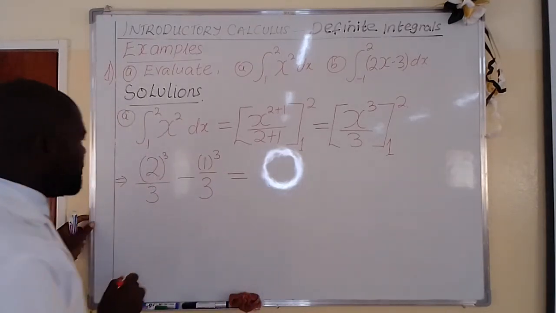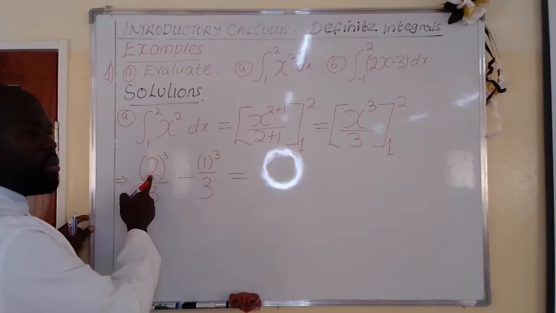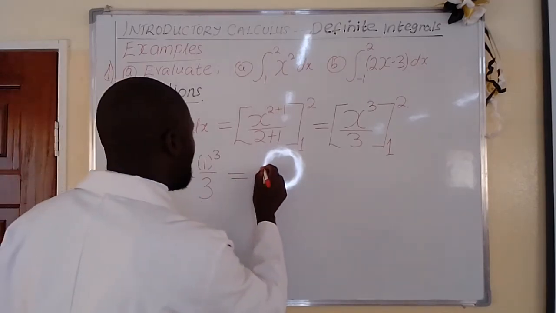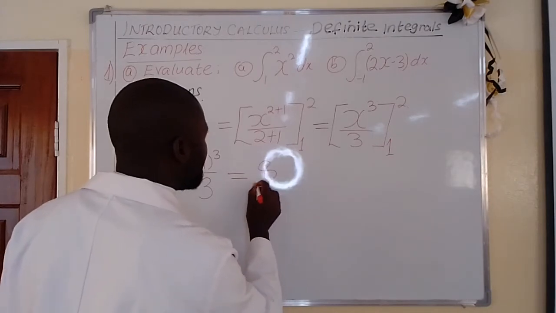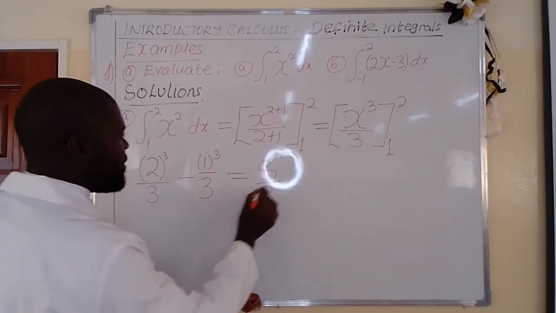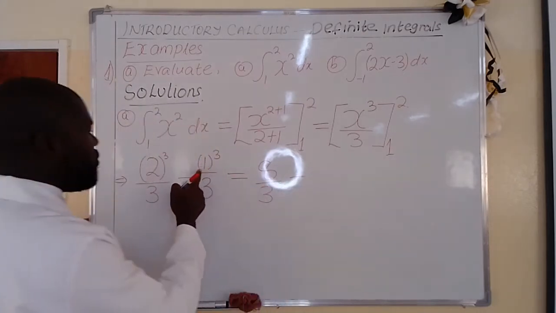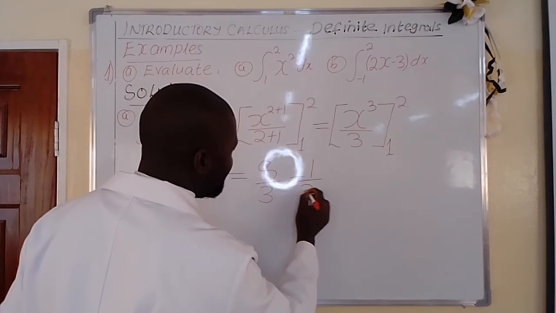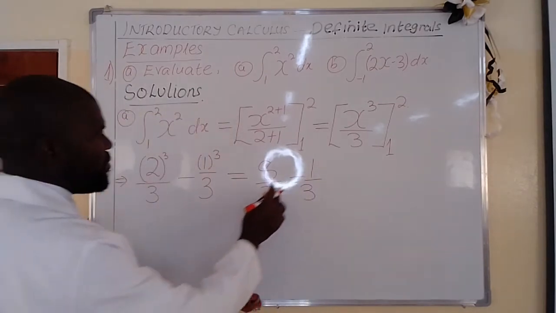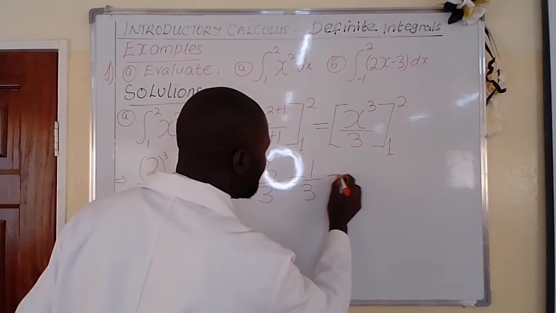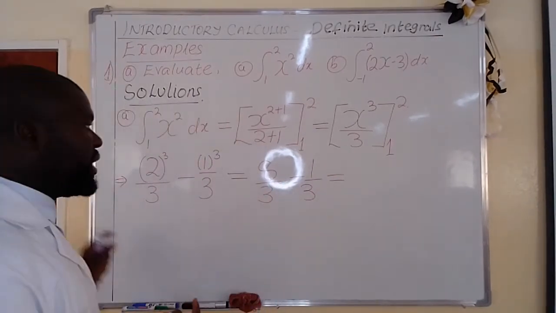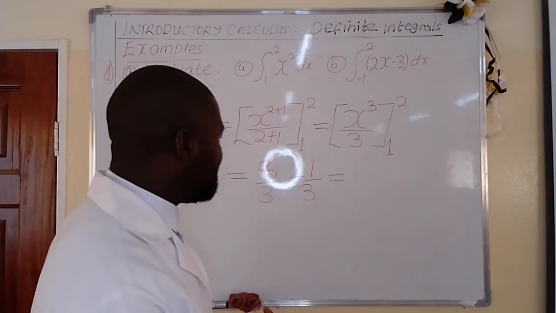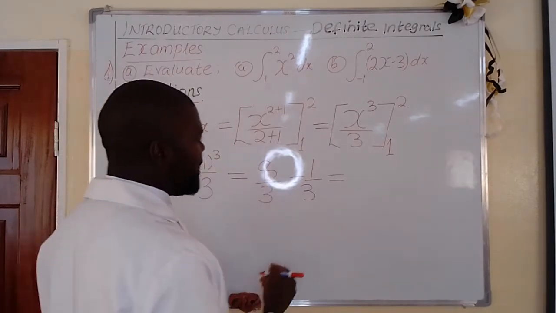So we continue. 2 to the power 3 will give us 8. So we have 8 over 3 minus 1 to the power 3 is actually 1 over 3. So when we are here, since the denominator is the same, we are just going to evaluate the numerator.